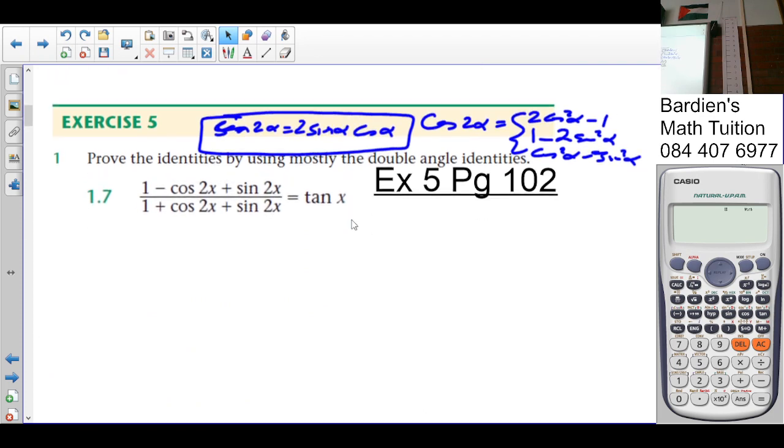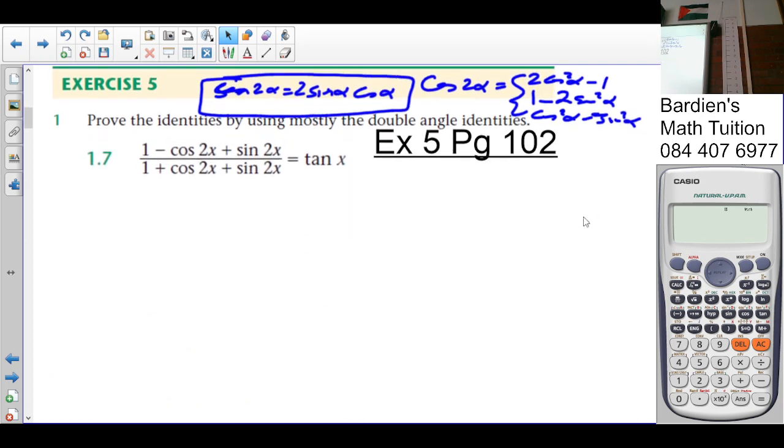Alright, 1.7. Of course, the left hand side expansion is easier than reducing from tan, working in the other direction. Not impossible, but it's going to be easier. Okay, so what are we going to change cos 2x to?